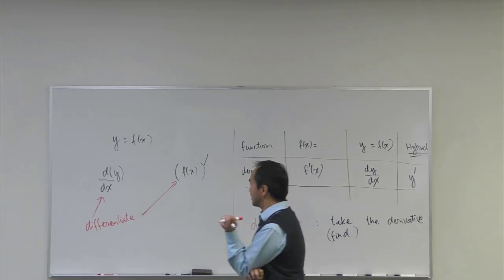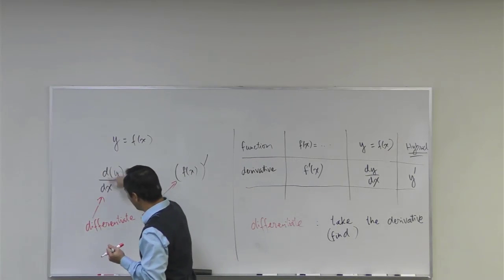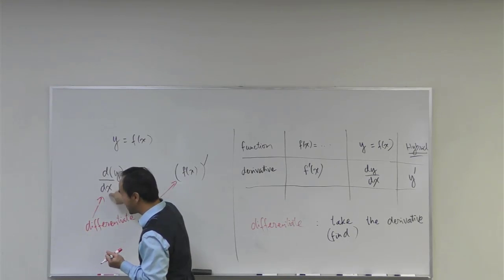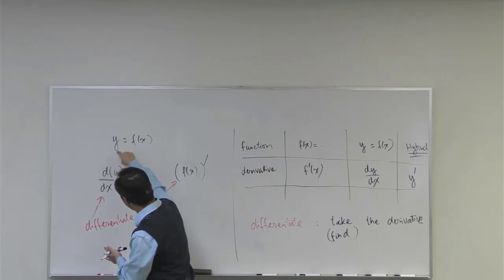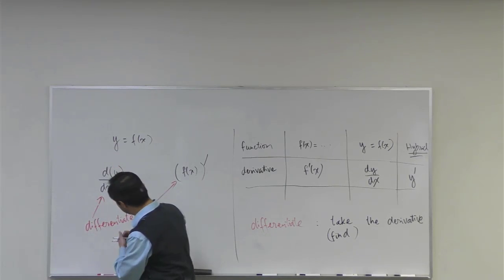I prefer this symbol better because the dx in the denominator indicates that our objective is to find the derivative of the function y. The x here makes it clearer that this is the main variable of your function f of x.